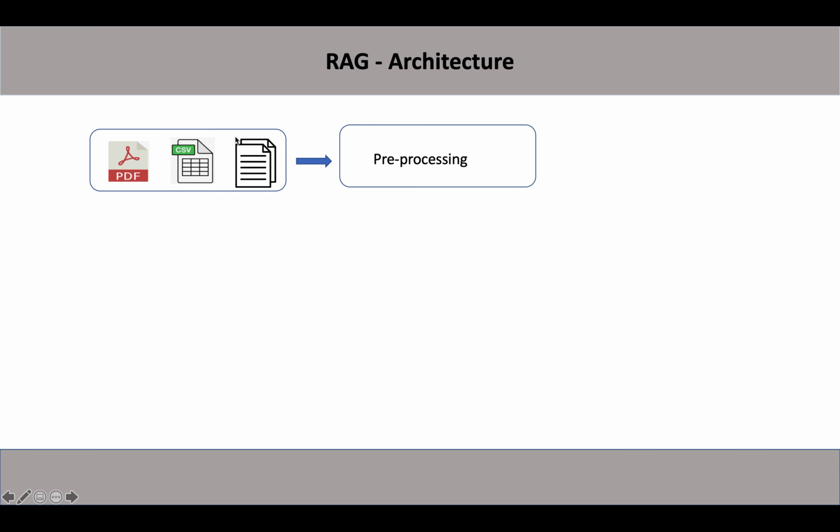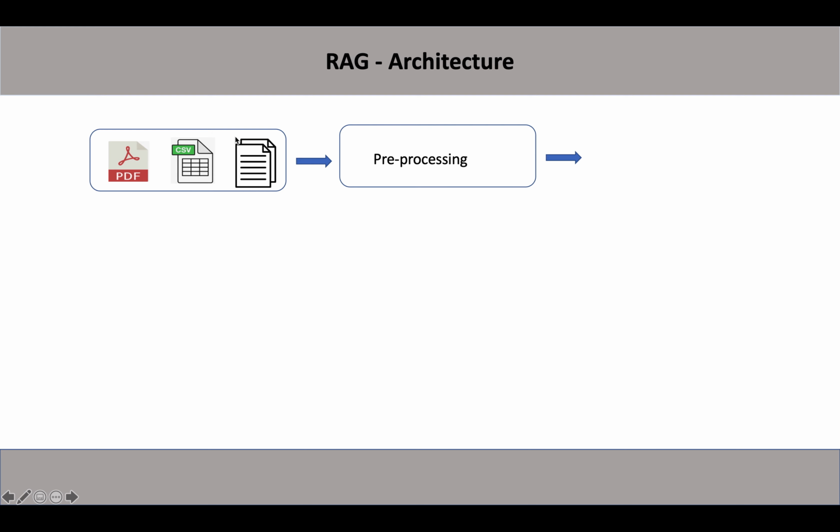Then comes document duplicates. If there is any duplicate, we need to avoid these duplicates. Then document chunking. The word chunking means splitting a large document into smaller files. Then data or document storage.